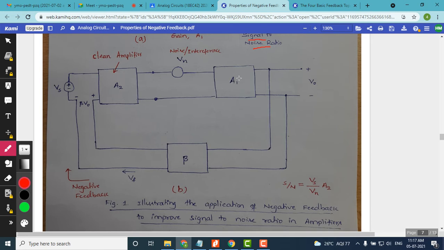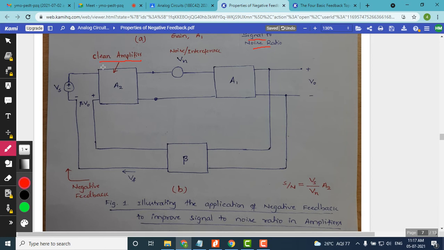A1 is a basic amplifier, and A2 is another amplifier which is a clean amplifier. This is A2, whose gain is labeled as A2 here. This is a clean amplifier. What do we mean by a clean amplifier? An amplifier without any form of noise, that is a clean amplifier. This is an assumption here. The assumption we make is that the basic amplifier A1 follows, or precedes, the clean amplifier here.